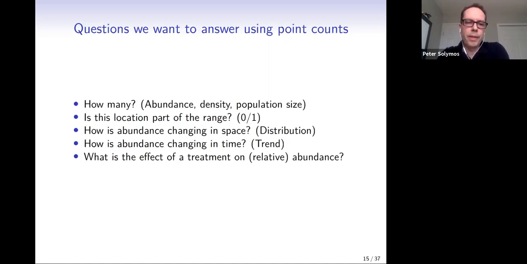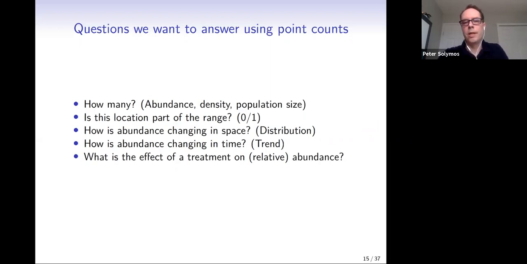And also, you might not be interested in trend or abundance over large spatial or temporal scales, but you might ask, what is the effect of a treatment on the relative abundance of the species? So for example, if you are to develop an area that used to be some kind of a woodland, and you want to create a parking lot there, what kind of effect might that have?